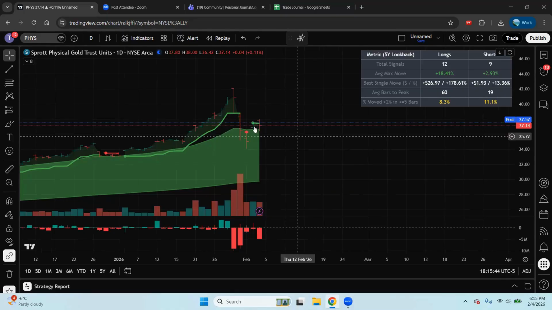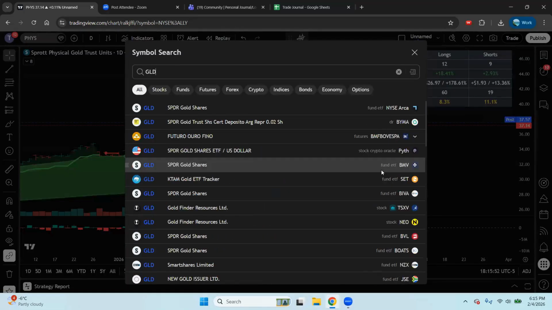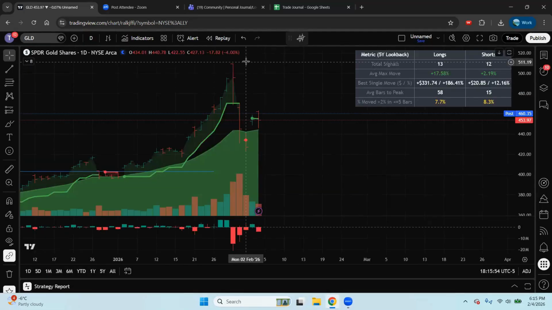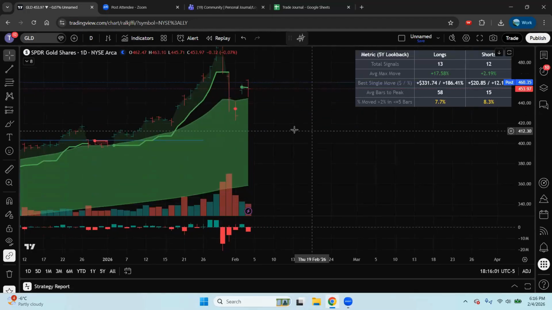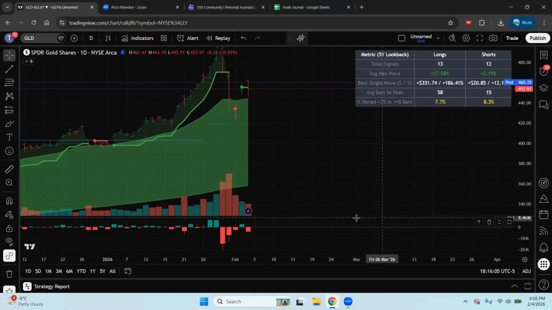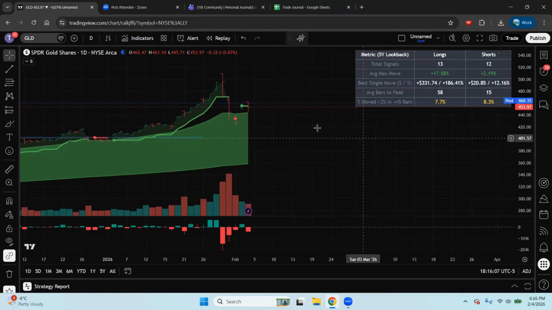The only thing that's keeping me away from GLD is the cost of the actual units in the ETF, which were pretty close to $500. They were above 500 before the sell-off, 509 and change where they started, currently sitting at about 450 or so. So that's the way I'm looking at the metals here.